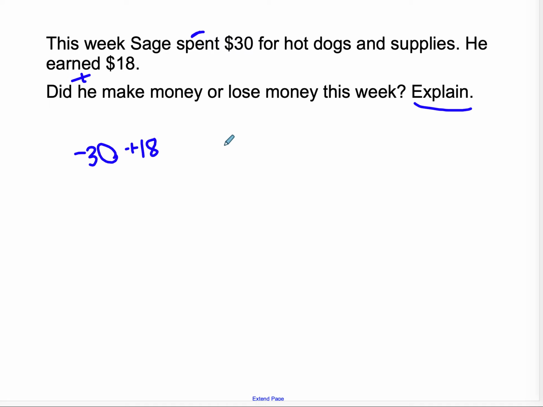Okay, well, let's check our answers. So different signs, we're finding the difference again. I'm going to write 30 minus 18. The one with the greater absolute value always goes on the top. Okay, so I need to do some borrowing here. I'm going to change that 3 to a 2 and change my 0 to a 10. 10 minus 8 is 2. 2 minus 1 is 1.